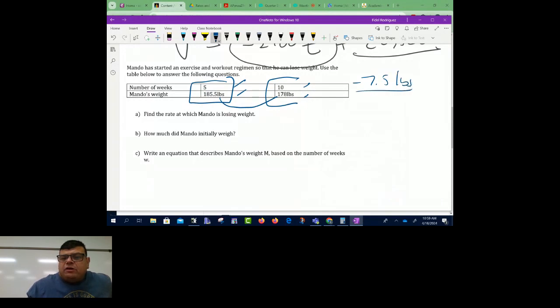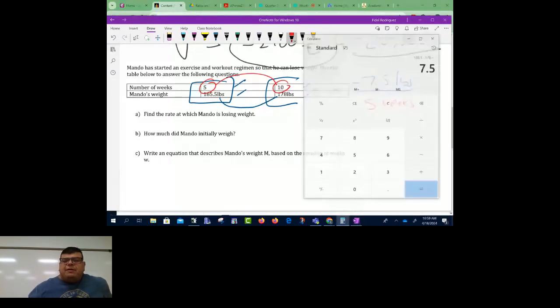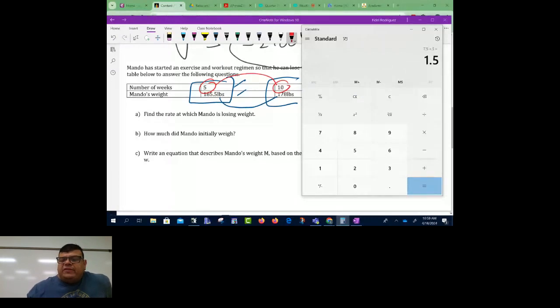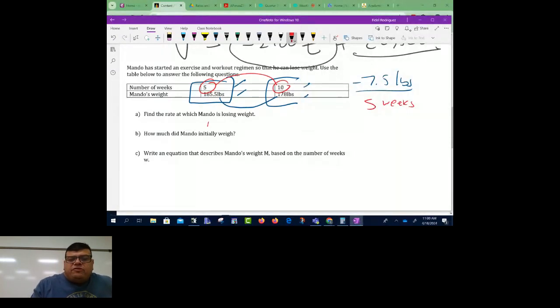Because he lost it, y'all, it's a negative number. Now, how long did it take him to lose that weight? From week 5 to week 10, y'all, that took him 5 weeks, right? So let's figure out how much he's losing each week. If I divide that by 5, y'all, he's losing weight, his rate, negative 1.5 pounds per week. Okay.